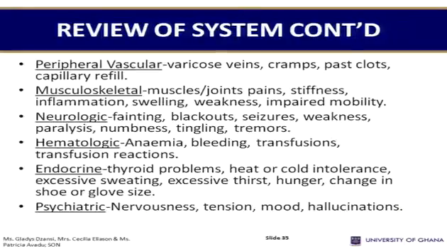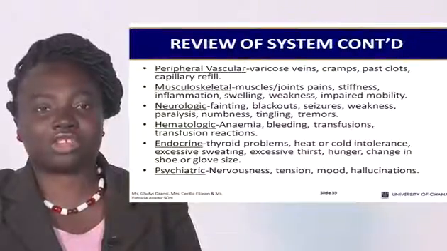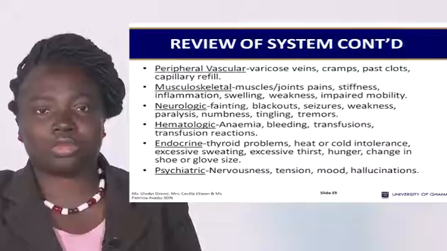Neurologic asks about fainting, blackouts, seizures, and weakness, paralysis, numbness, tingling, and tremors. Ask about history of anemia, bleeding, and if the patient has had transfusions in the past. If there was transfusion, you also want to know whether the patient has had any reactions to the transfusion.